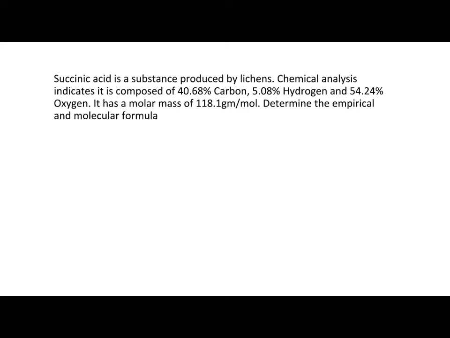The empirical formula is going to be the simplest form. I got 3.38. It's a rounding thing. So it's not going to affect all that much. It won't affect you that much. So 3.09 is your smallest number of moles. You're going to divide 5.08 by 3.09, and then you're going to divide 3.39 by 3.09.